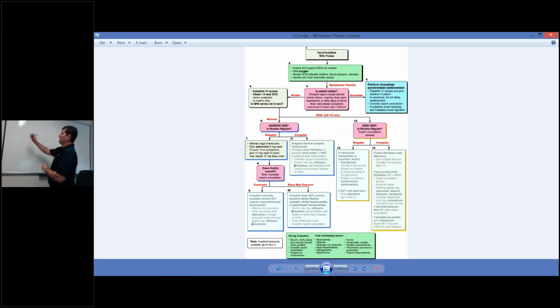What I'm looking at is different types of rhythms, and I have basically in my mind 3 rhythms. I have my fast rhythms, I have a slow rhythm, and then I have my non-perfusing rhythms.